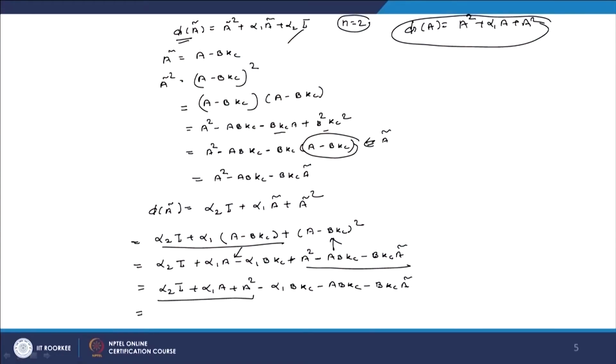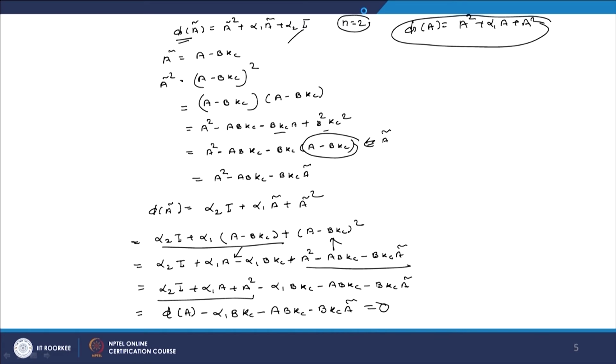So, we will find that this particular equation we write down as phi of a minus alpha 1 b into k c minus a b into k c minus b k c a bar, and this is 0. Now, we will see phi of a, that is equal to alpha 1 b into k c plus a b into k c plus b into k c into a bar.